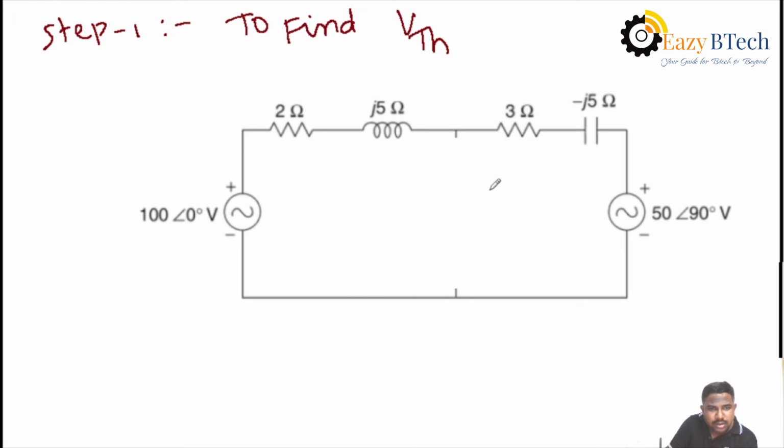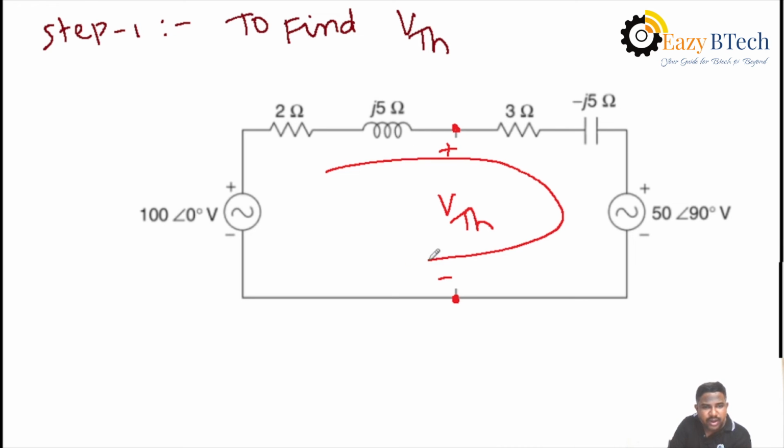Then after that, across that deleted element, you can replace Thevenin's voltage here. Only you can find out the voltage across this node point and this node point, not the complete voltage. For that, first of all, you can find out voltage drop across each element.